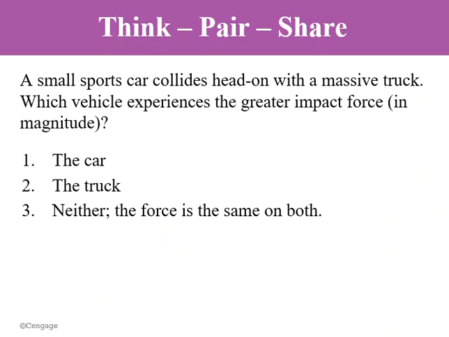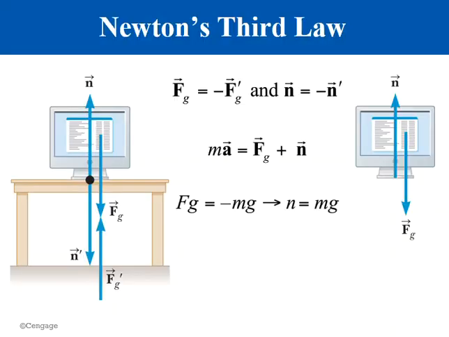It balances the gravitational force acting on the monitor, preventing the monitor from falling through the table, and it can have any value up to a point where the table might break.